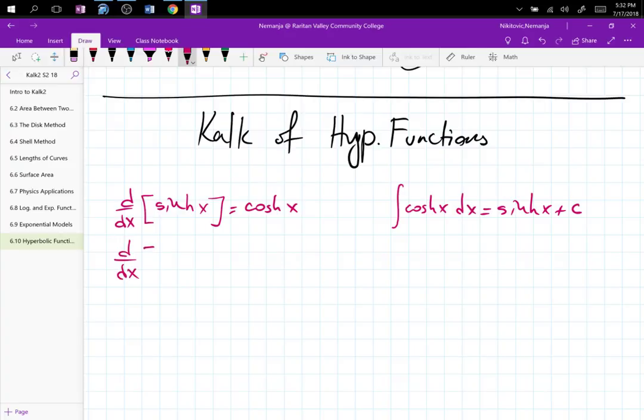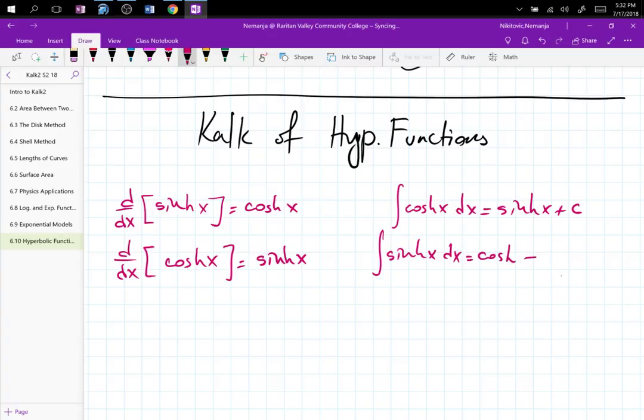The derivative of cosine hyperbolic x is positive sine hyperbolic x. And then finally the integral of sine hyperbolic x dx is equal to, oh, I forgot dx. Plus c.